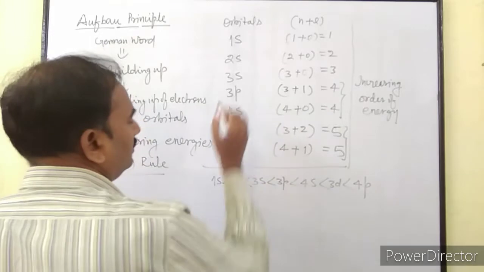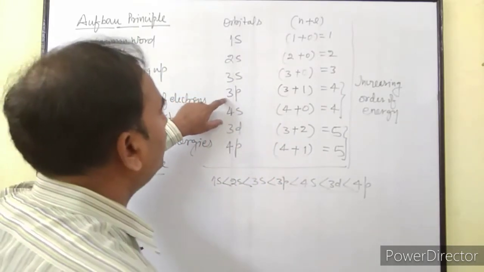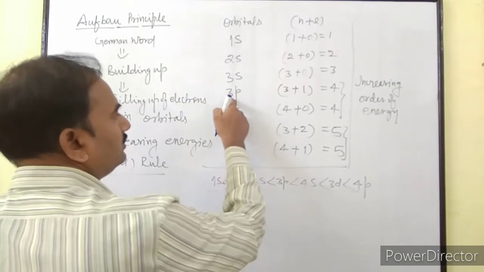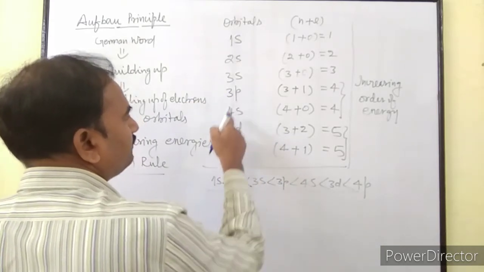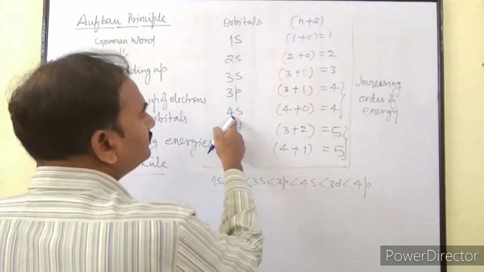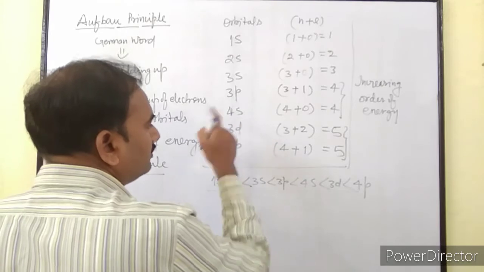So the orbital having lower value of n is written first, then the orbital having higher value of n.